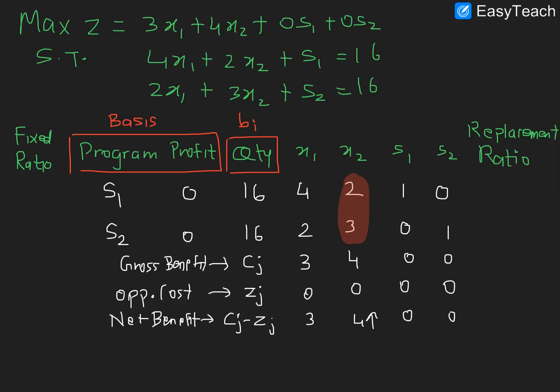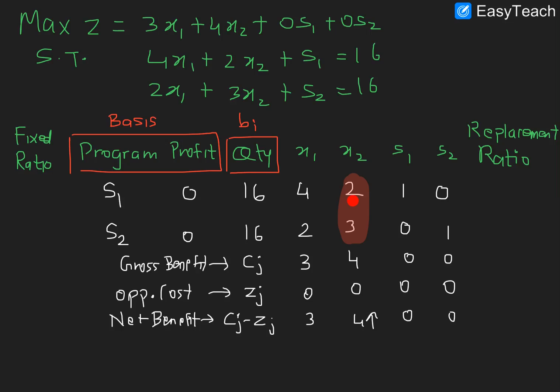Next, when I reach this stage, my decision is to produce X2, and that too because 4 is the maximum benefit we have. Therefore we are selecting X2. So this column we have marked as the key column.